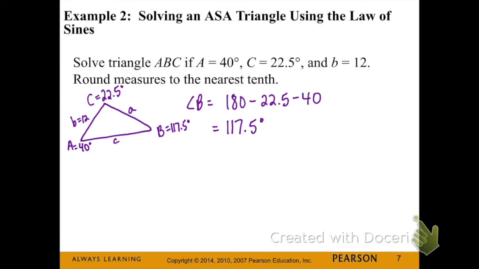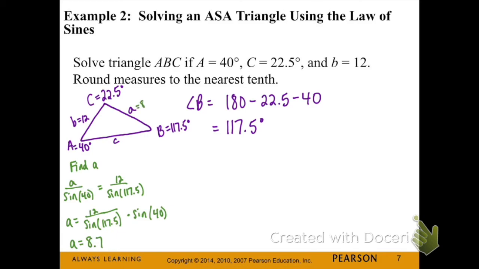Now that I know both of my B's, I can solve for either little a or little c. Let's start by finding little a. And I'm using both of my B's for the right ratio. Then when we put this in the calculator, we get little a equals 8.7.